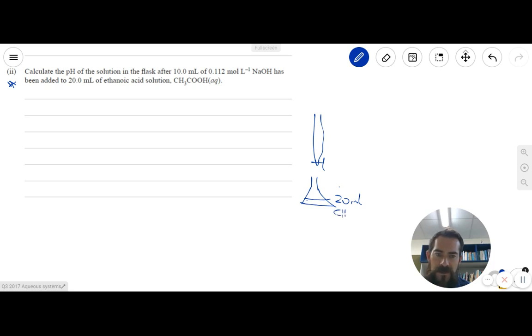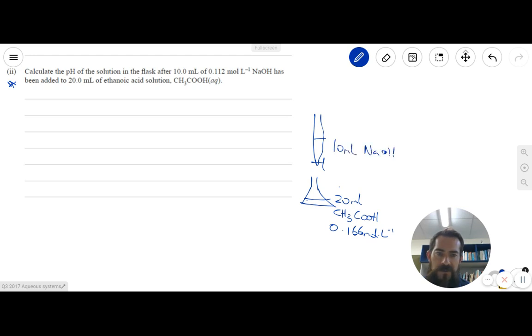So that's CH3COOH. And the concentration of the ethanoic acid, we don't know, well, we do know actually from B part 1. So that was 0.166 moles per liter. So we know the concentration of the ethanoic acid in 20 mils, but you see what we've done is we've added 10 mils of sodium hydroxide to it.